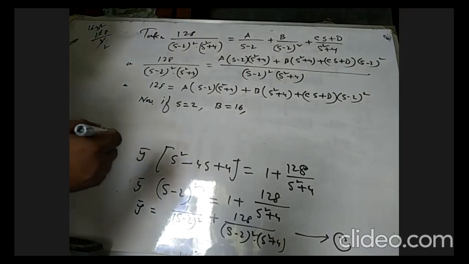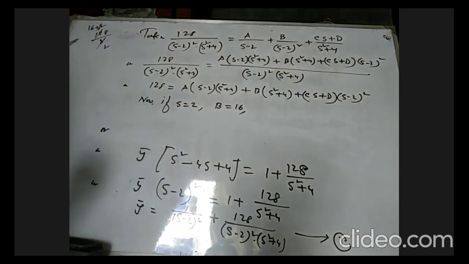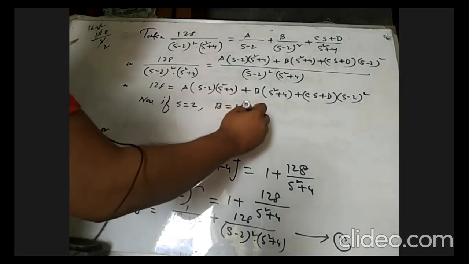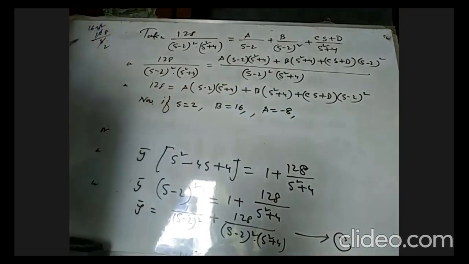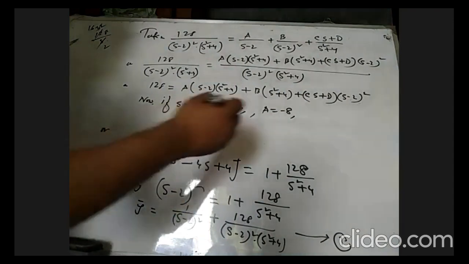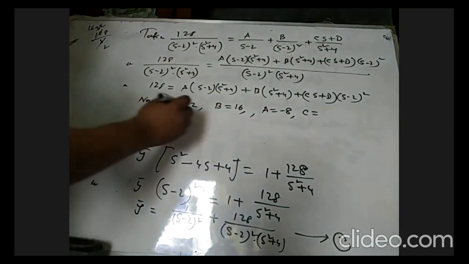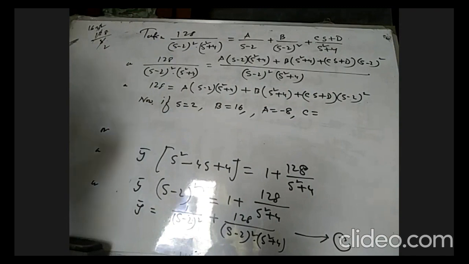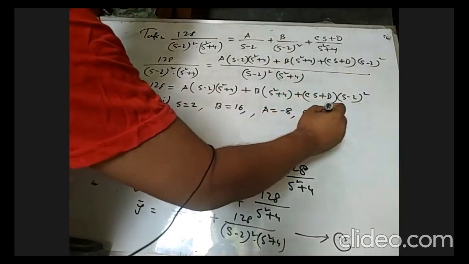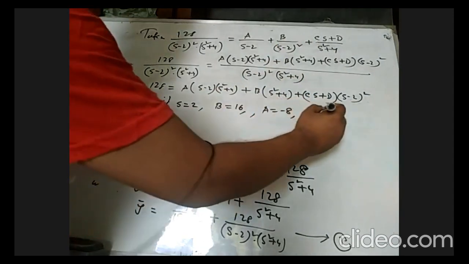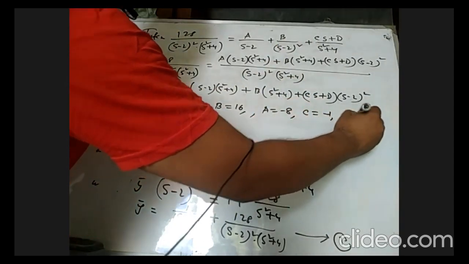Now equating the coefficient of s square on both sides, we get a equals minus 8, and c equals minus 1, and d equals 0.